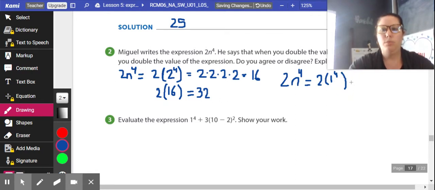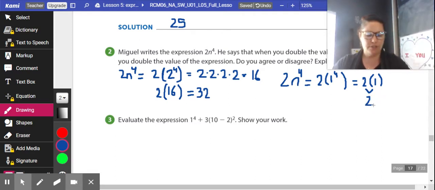Okay, what is 1 times 1 times 1 times 1? It's 1, right? So then I have 2 on the outside and 1 on the inside. And now I can multiply 2 times 1, which is 2.